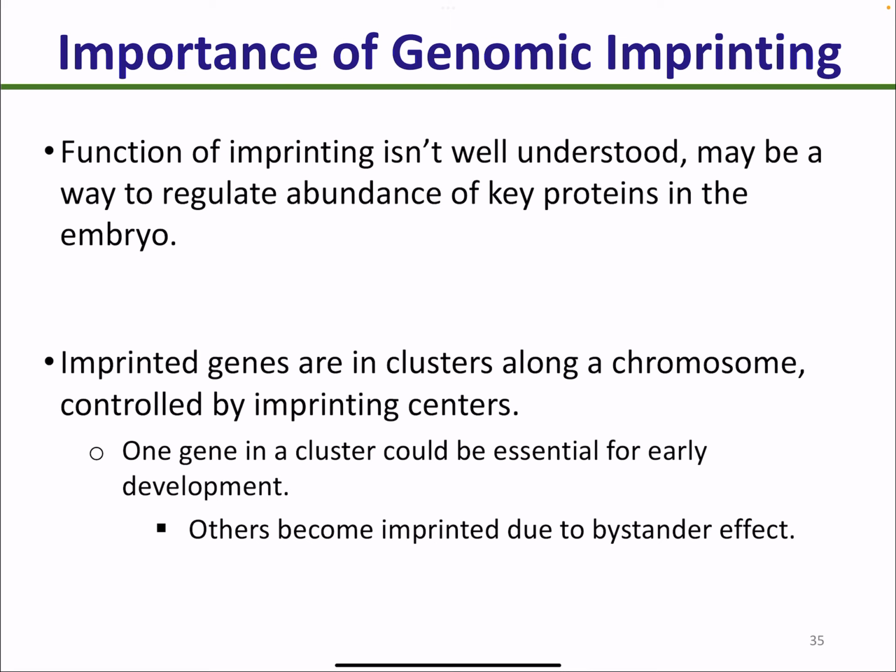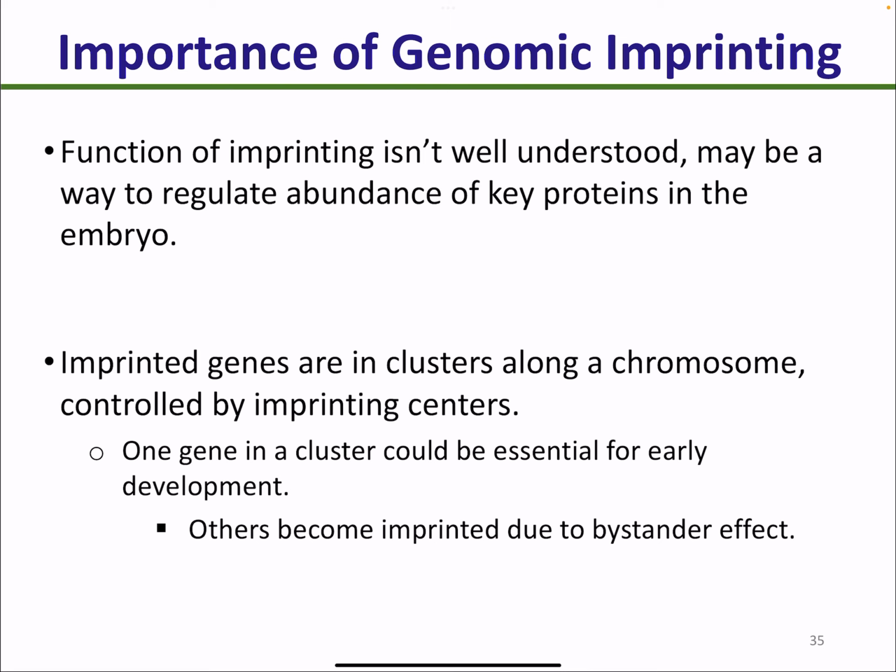In early stage of development, there are some genes that are turned off. They are turned off because of imprinting, and they don't get turned on until a late stage in embryonic development, right? But those genes that are going to be turned off are going to be turned off because of imprinting.